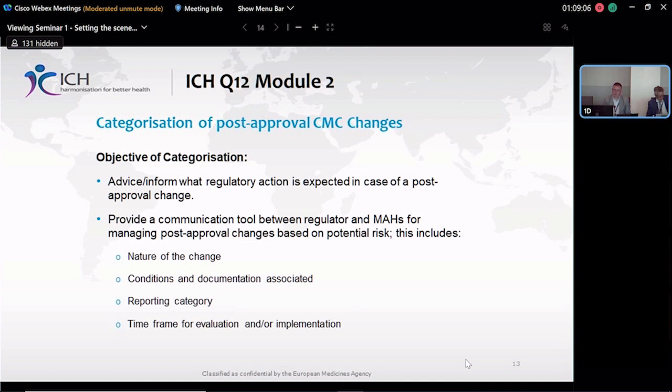What will be the time frame for the evaluation? When can they expect the opinion, the outcome, and when can they actually implement the change? So this categorization sets out a framework within which the industry and the regulators can do their work in an efficient way and in a risk proportionate way.